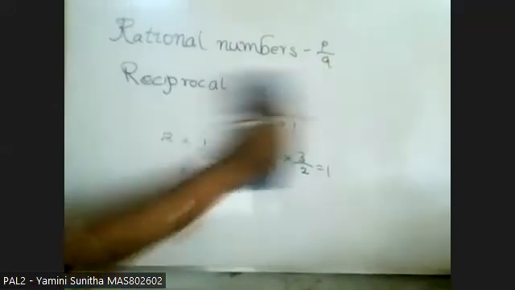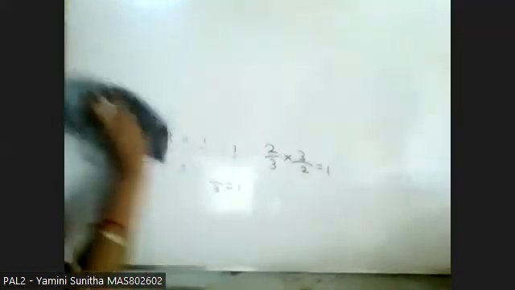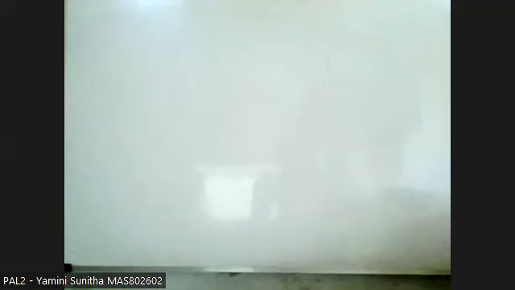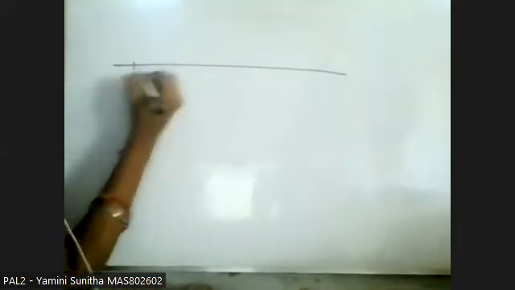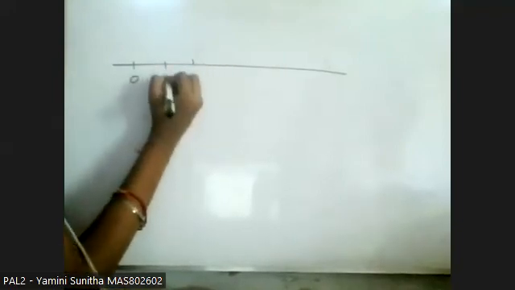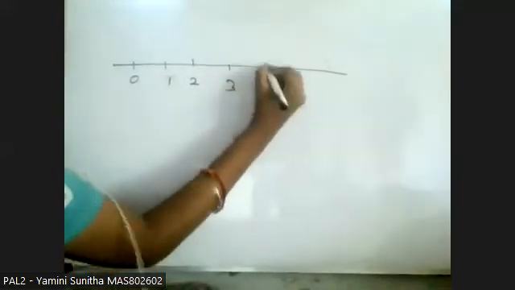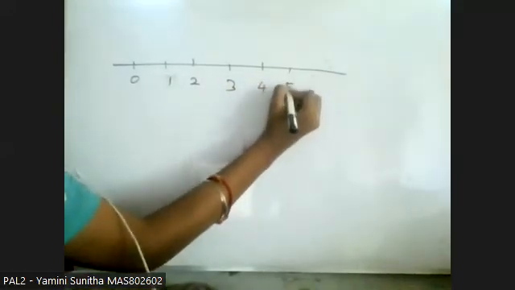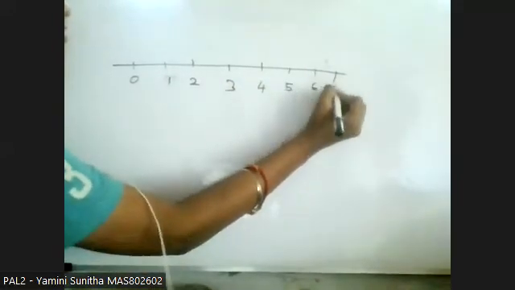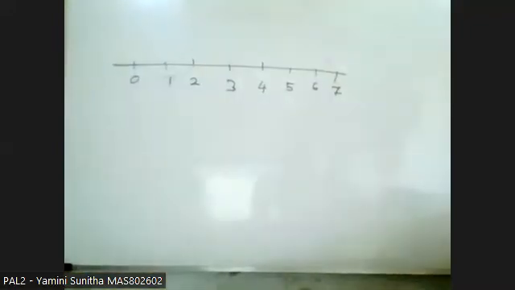From the earlier classes we know how to represent values on number lines, and now rational numbers. What is a number line? A number line is a representation of numbers. When natural numbers are represented on a number line, it's known as a natural number line.